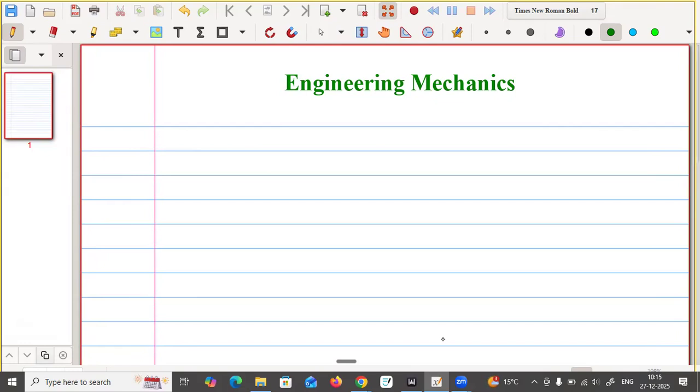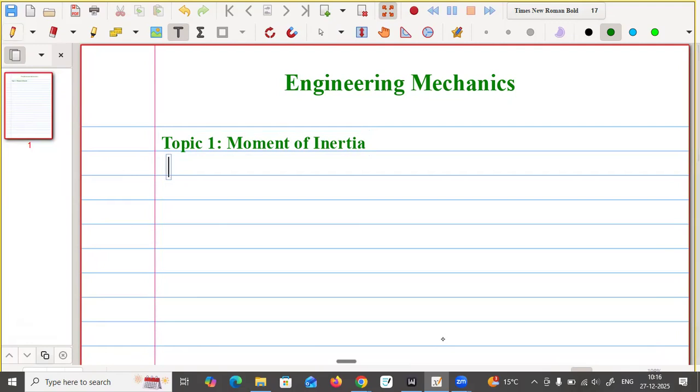Moment of inertia. The first thing that we have to remember is that there are two types of moments of inertia.